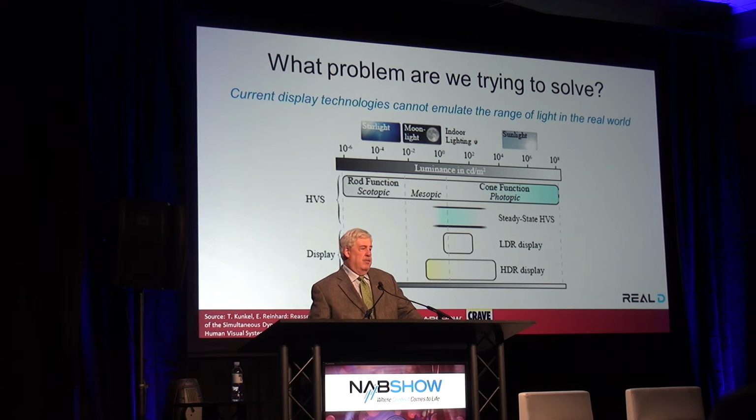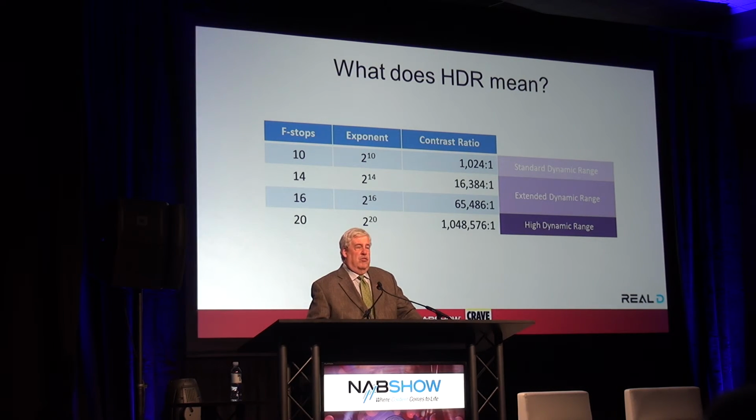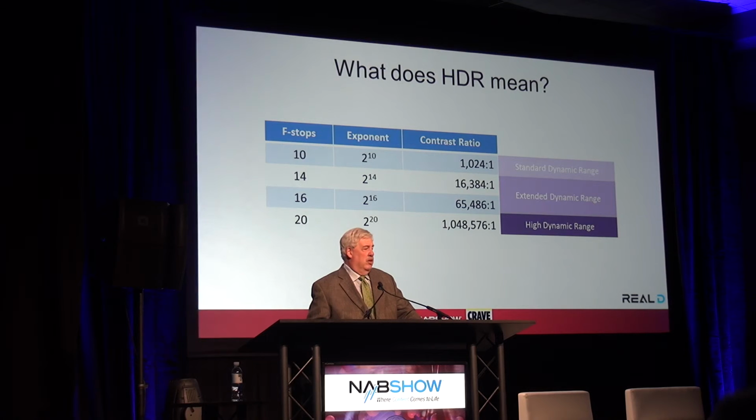But what does high dynamic range exactly mean? Well, maybe that's a marketing question more than a technical one. One of the standards groups, ISO IEC, has come up with this representation of common usage. I don't think anybody says there's a right or wrong answer, but many people talk about standard dynamic range in a range of being 10 to 12 bit, which means maybe up to 16,000 to 1.